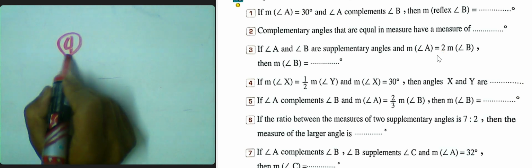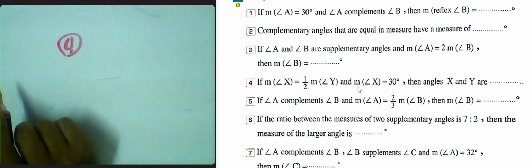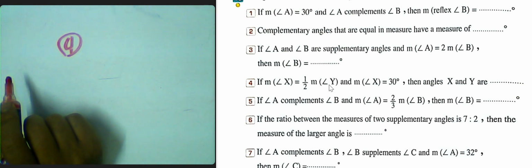Question number 4. If the measure of angle X is half the measure of angle Y, and the measure of angle X equals 30 degrees, then angles X and Y are what?